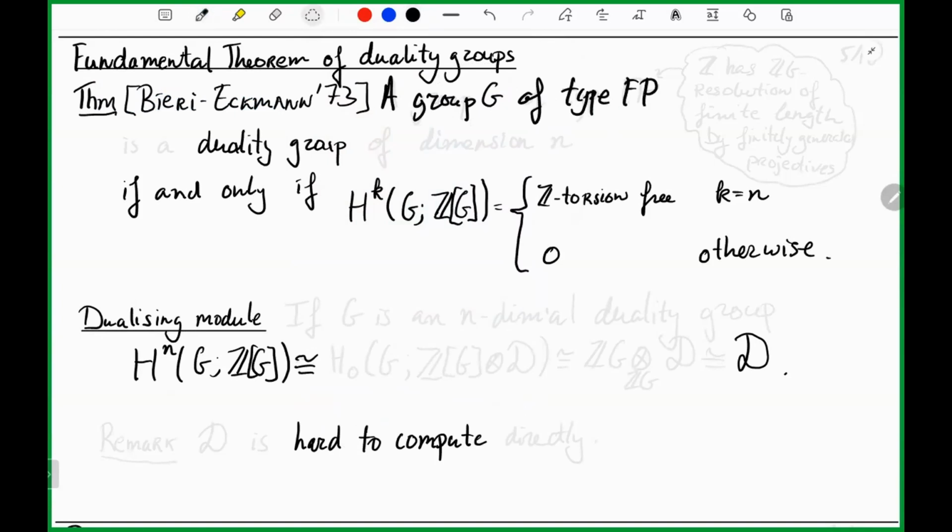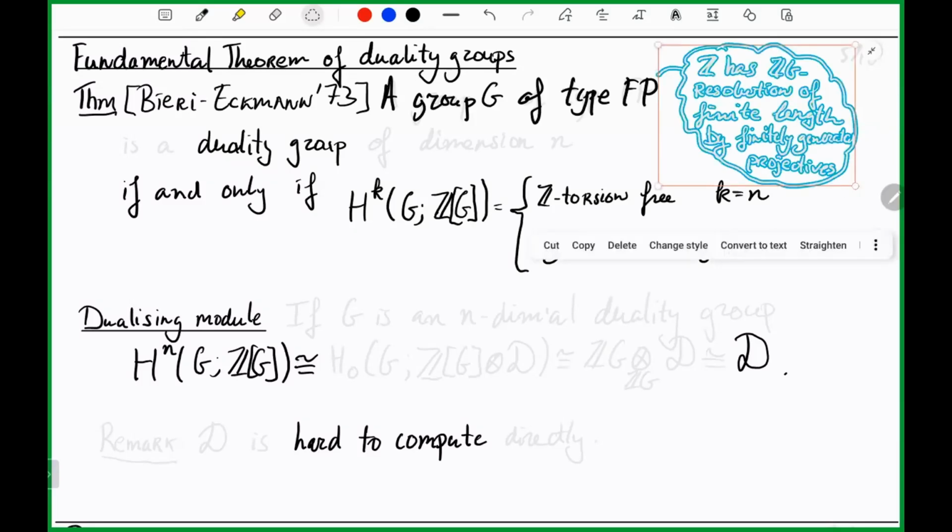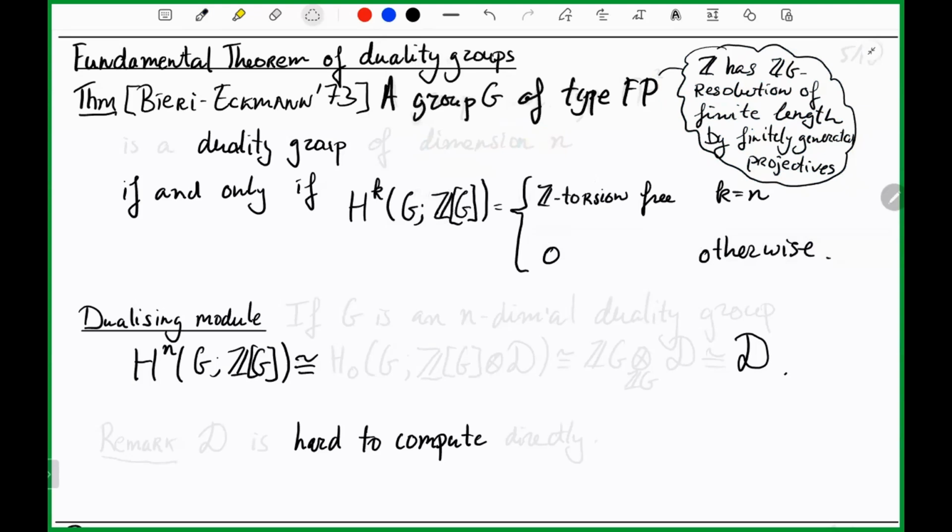I don't think that everybody here will know what type FP means. Type FP means that the ground ring has a resolution over the group ring of finite length by finitely generated projective modules. So this is an algebraic finiteness condition on the group.